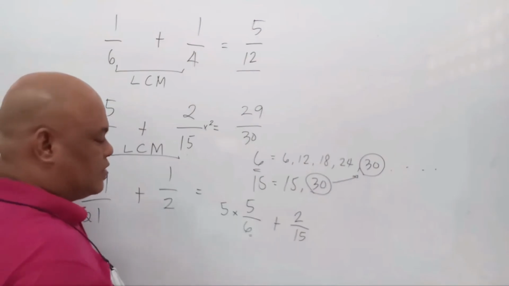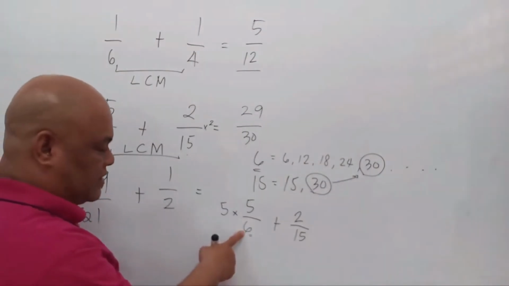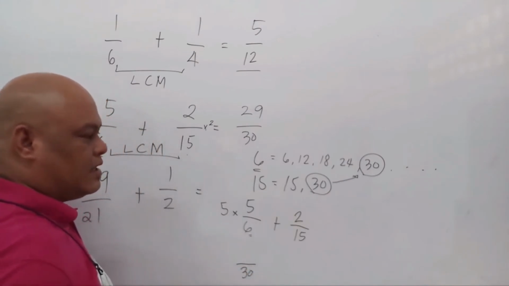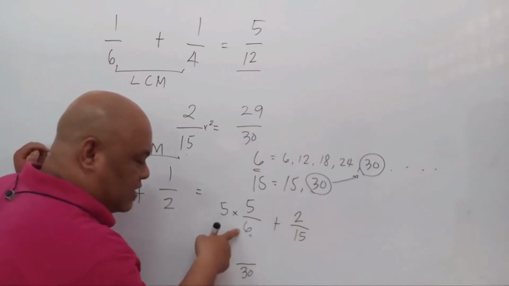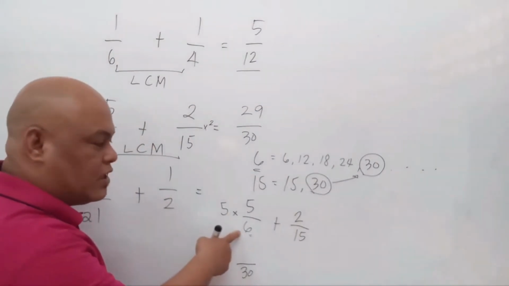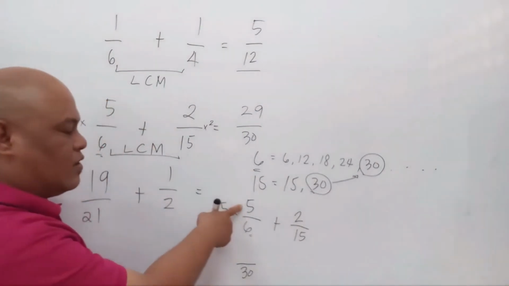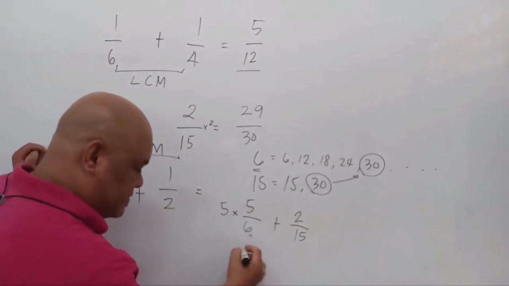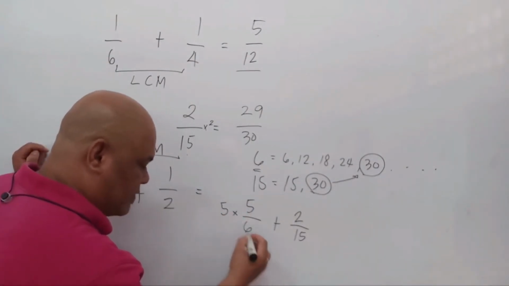So 5 times 6 is 30. What you did in the denominator, you have to do in the numerator. So it will become 5 times 5 is 25.